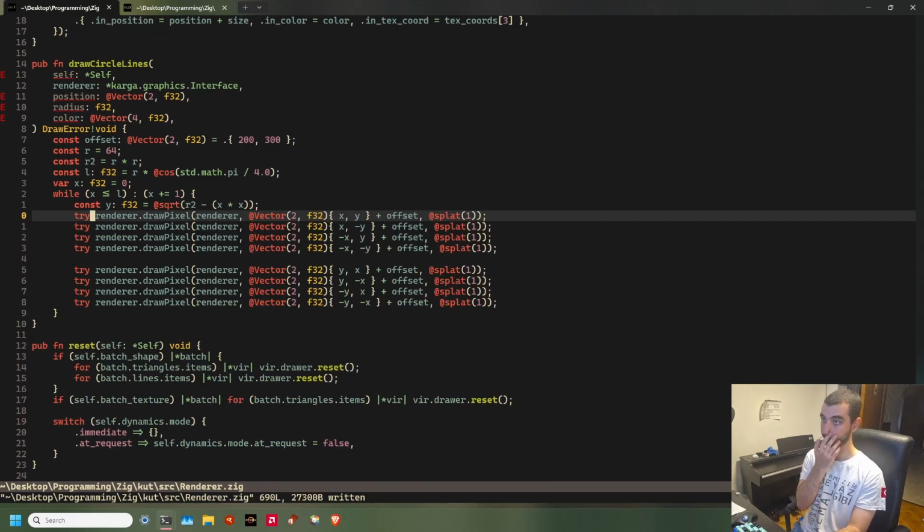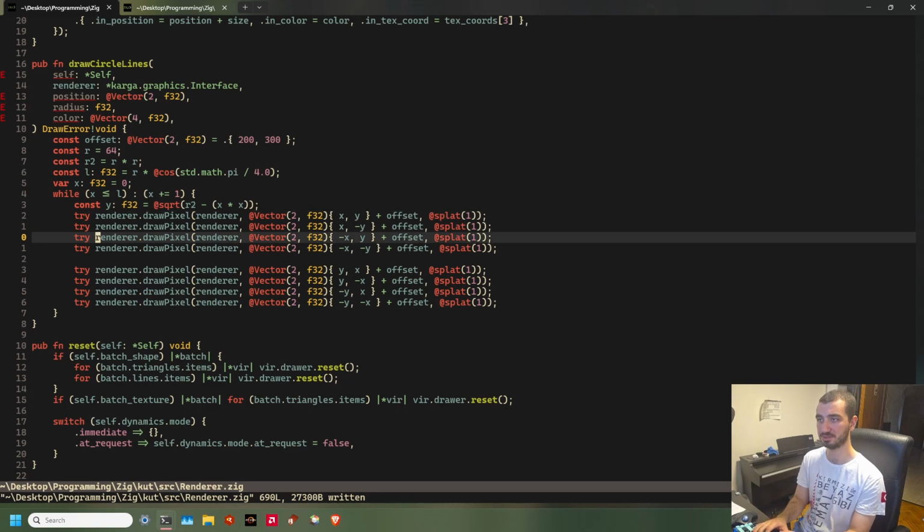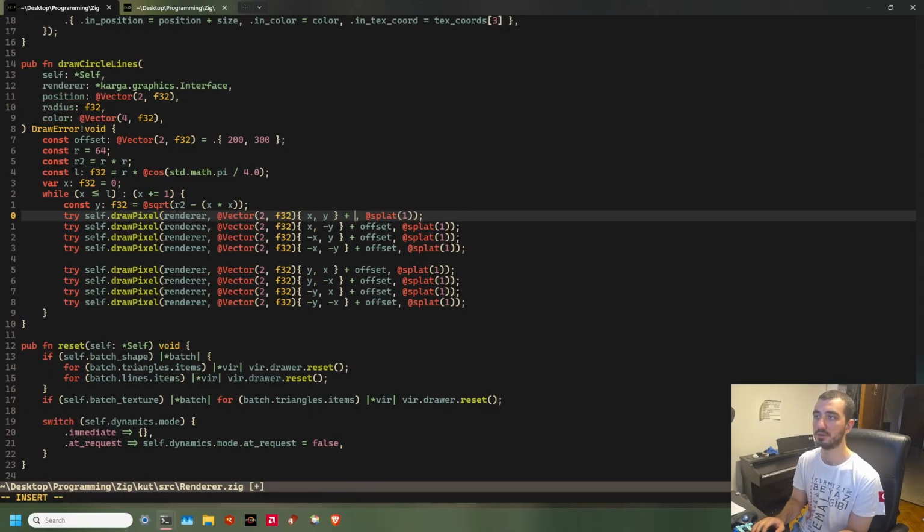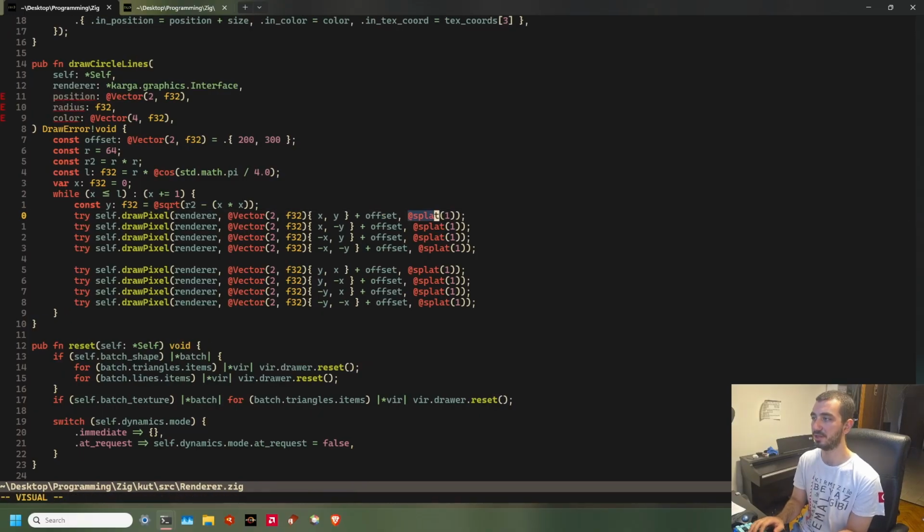There we go. Okay, that looks better. And these are not renderer, these are self. Right. These are self. And this is the... We're going to do the offset later, and these are going to be color.